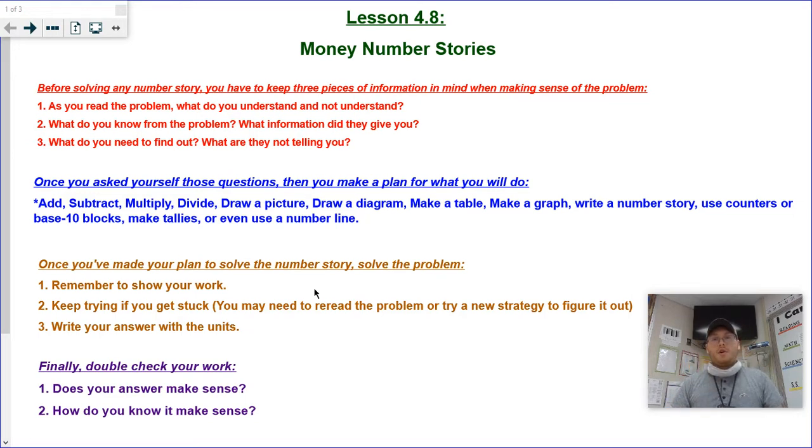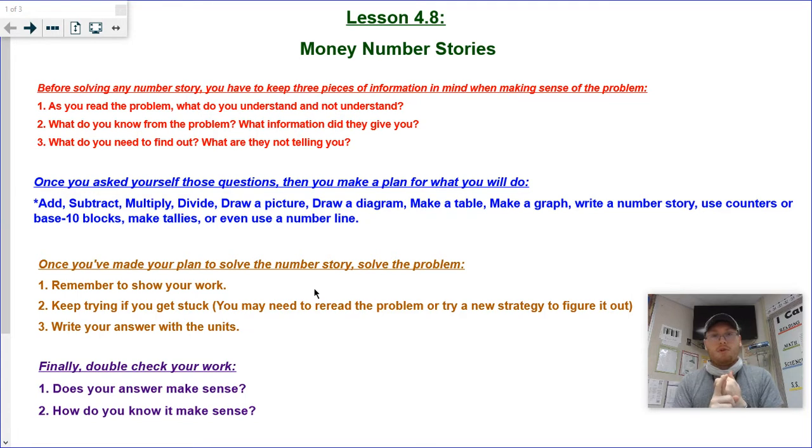Most of the time, you're going to have two either addends or factors or dividend, divisors or something along those lines. The difference is when you double check your work, you need to make sure that whatever those two numbers are, you either add, subtract, multiply, divide, your total should match up with what's in your original problem.